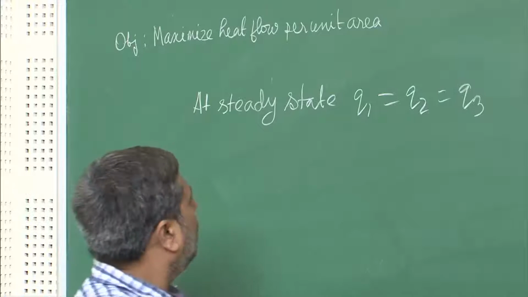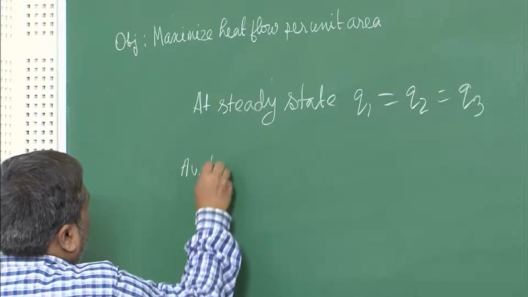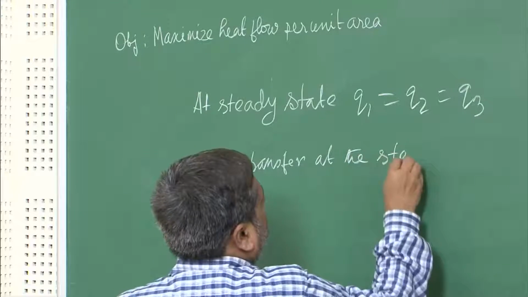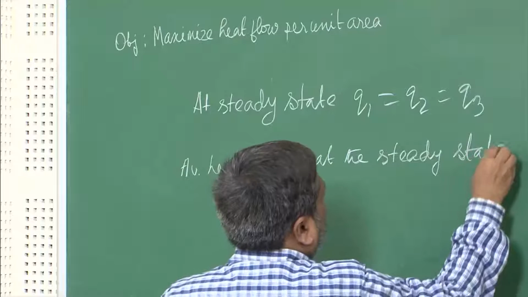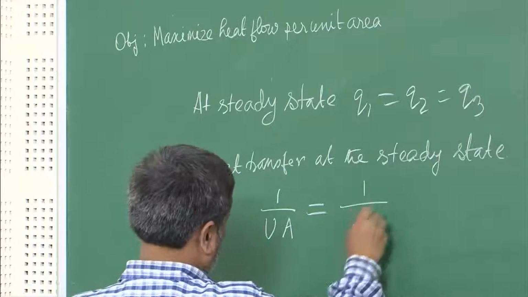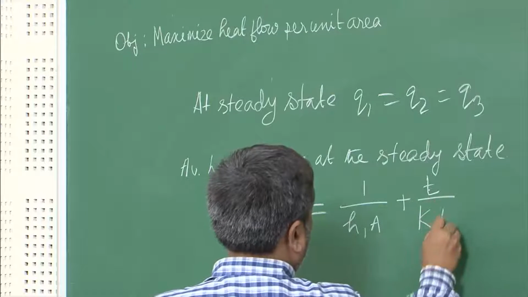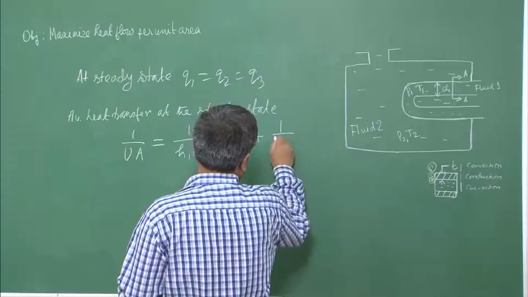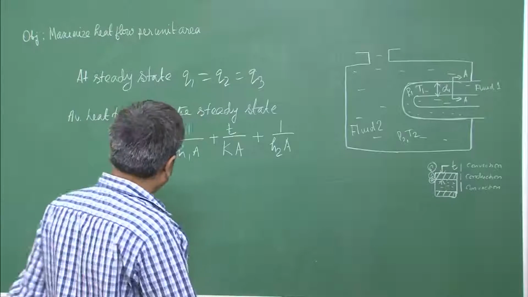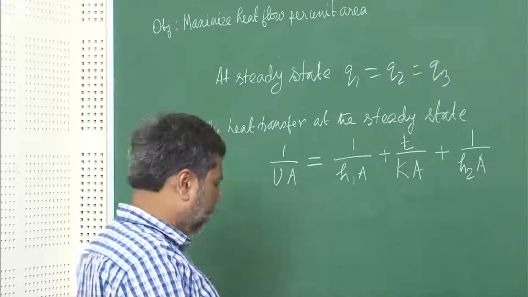So, that has been achieved, and hence at that stage the average heat transfer at steady state is given by 1 over UA equals 1 over H1 A plus T over K A plus 1 over H2 A. So, it is like you have three resistive systems, all first order, all together giving you the equivalent total resistance to the system.